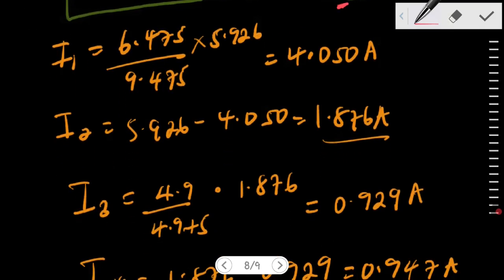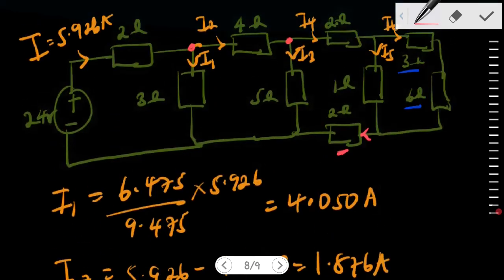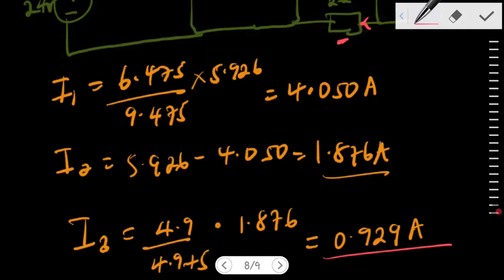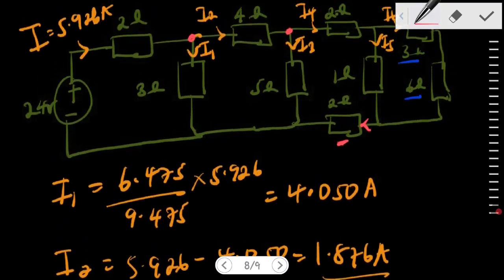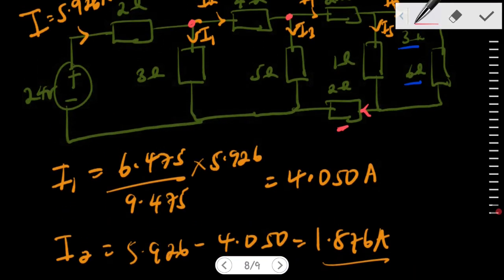Our I3 was 0.929, so 0.929 times 5 gives us 4.645.